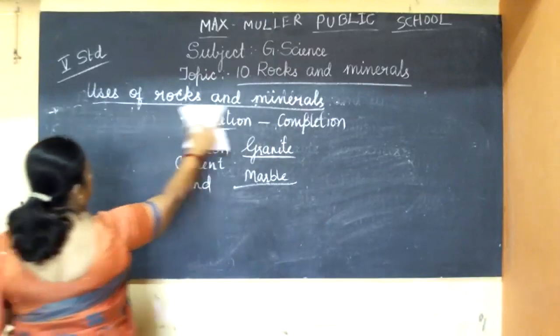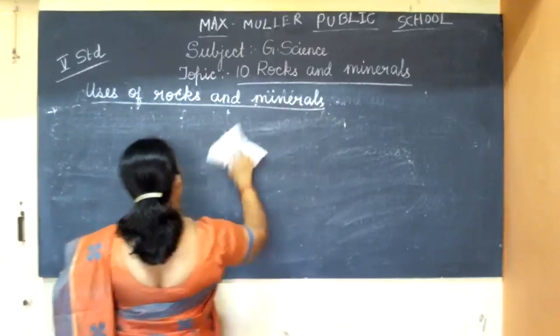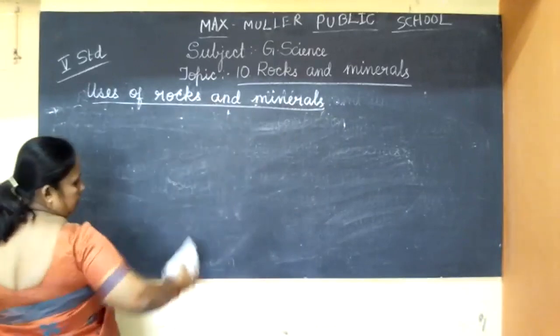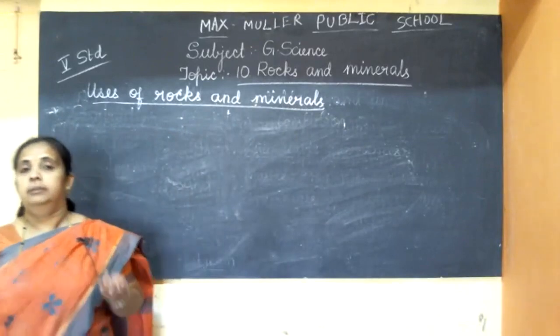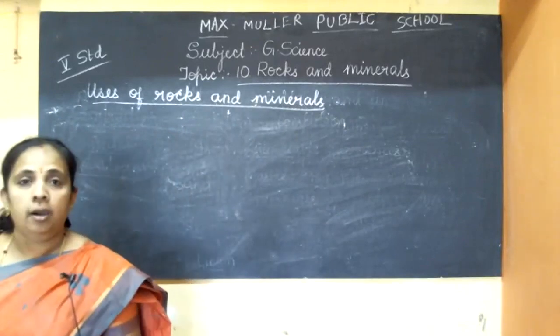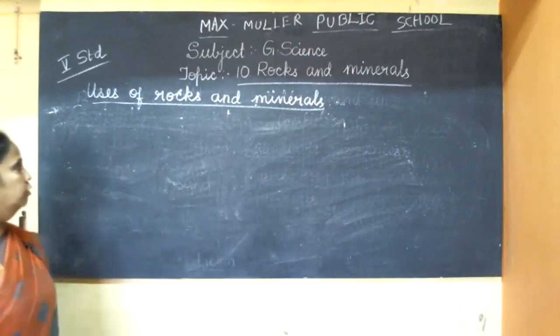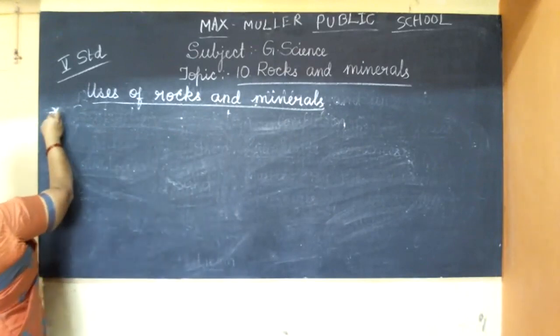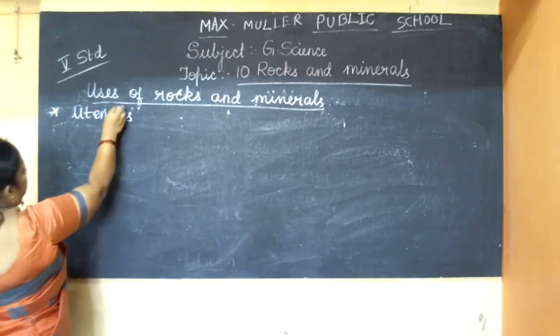Next one. Now we cook food, is it not? To cook food, we need utensils. It might be aluminium, steel or copper, is it not? We use those utensils to cook food. So the second use is utensils, that means vessels.